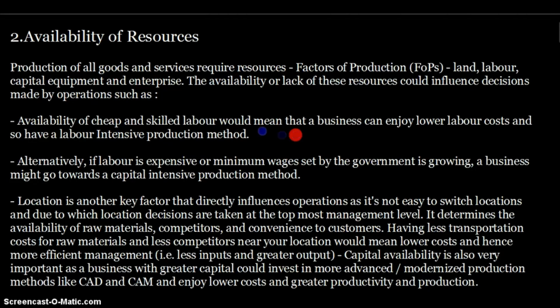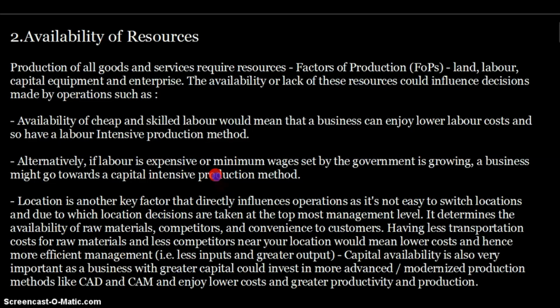If you recruit this cheap and skilled labor, of course in such situations a business will probably go for a labor intensive production method. That is what the operations will do. Alternatively, it could be the other way around: if labor is expensive or the minimum wage set by the government is growing, a business might go towards a capital intensive production method. That will be the safer way to go.